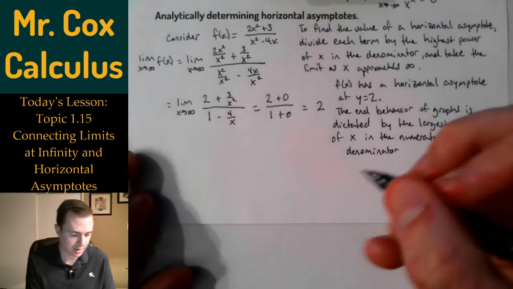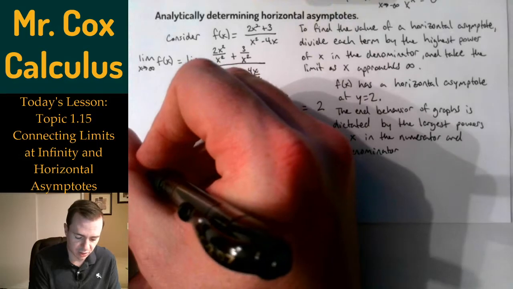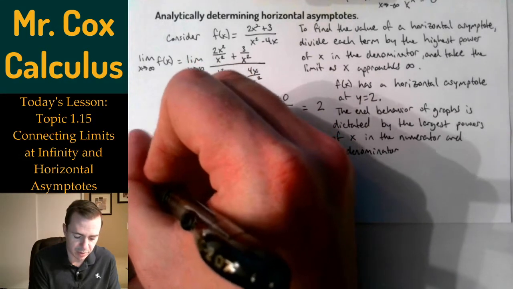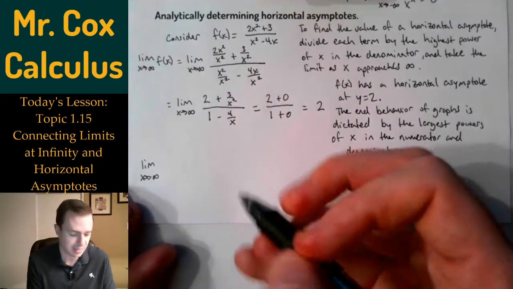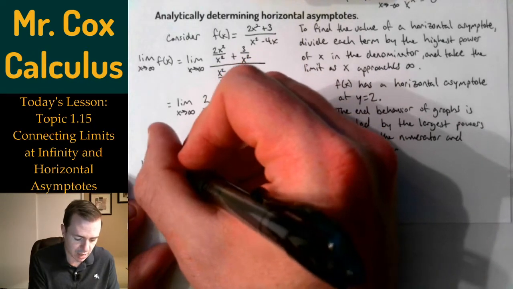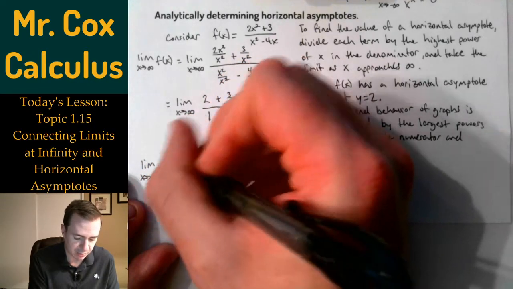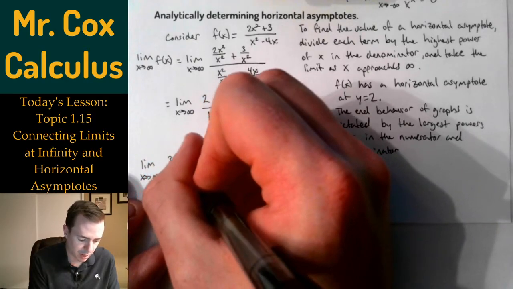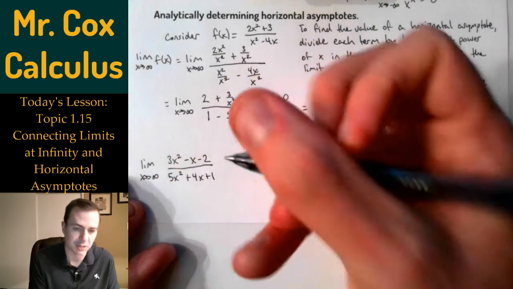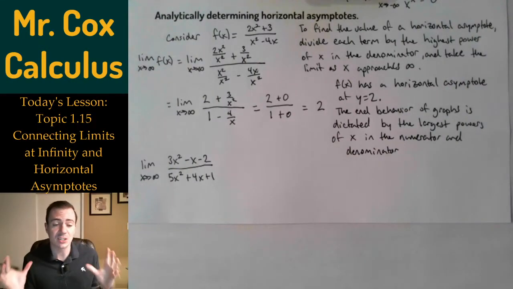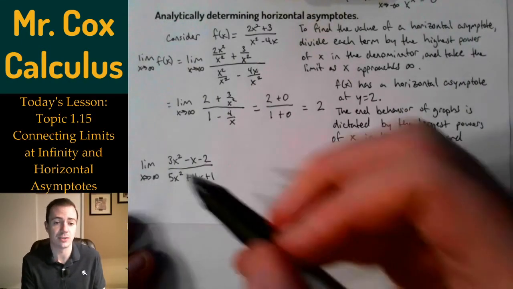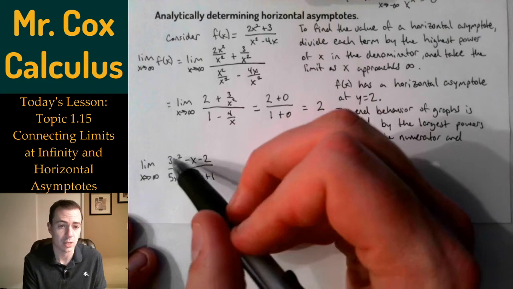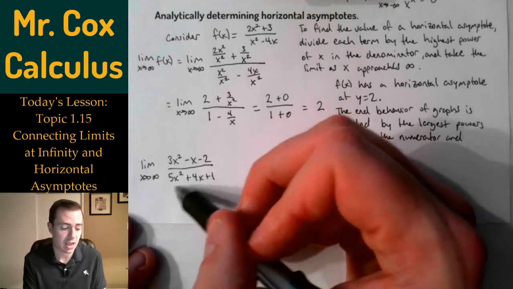So let's take a look at an example here. Let's take a look if we were evaluating the limit as x approaches infinity of 3x squared minus x minus 2 divided by 5x squared plus 4x plus 1. Again, as x is growing infinitely large, the thing that takes control is 3x squared and 5x squared.